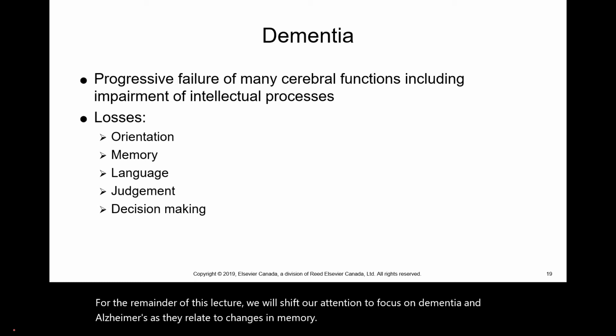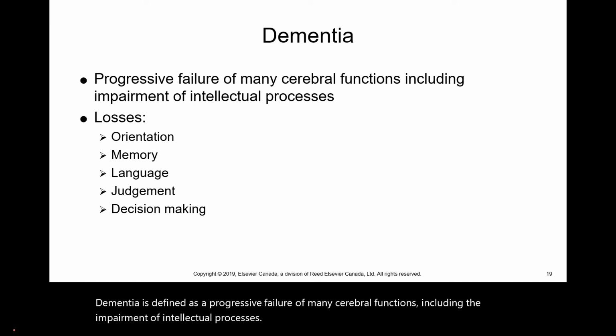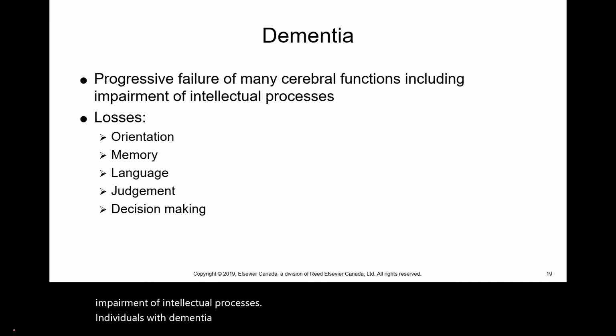Dementia is defined as the progressive failure of many cerebral functions, including the impairment of intellectual processes. Individuals with dementia will have changes and particular impairments in orientation, memory, language, judgment, and decision making.